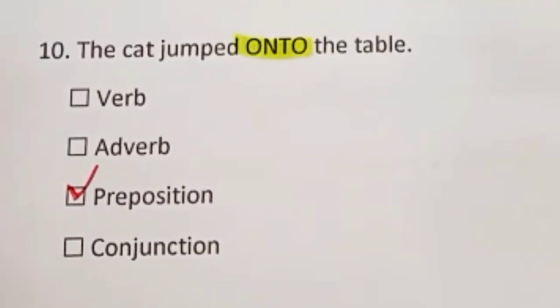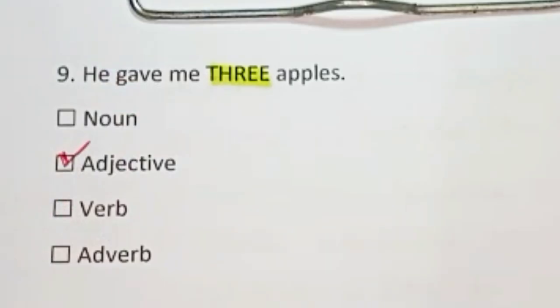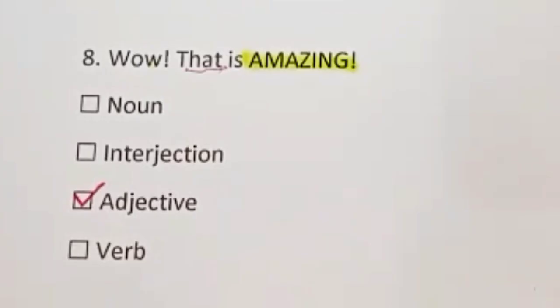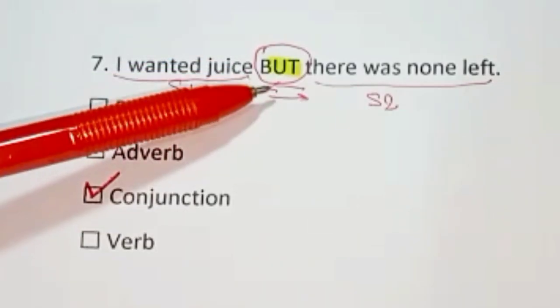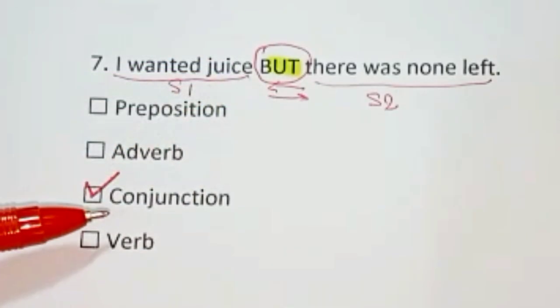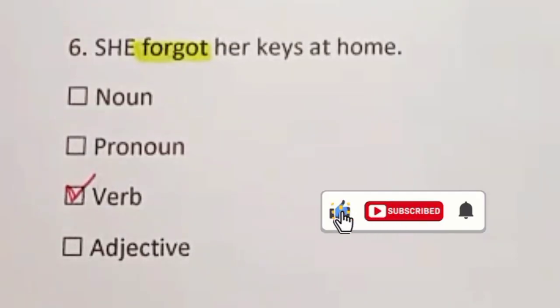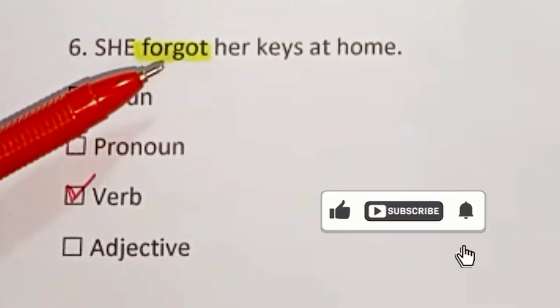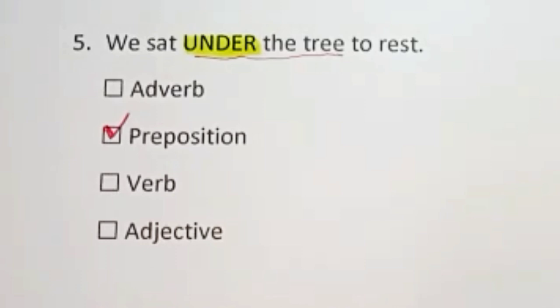So let's recap. Onto is a preposition. 3 is an adjective. Amazing is an adjective. But is a conjunction. Forgot is a verb. And she is a pronoun.